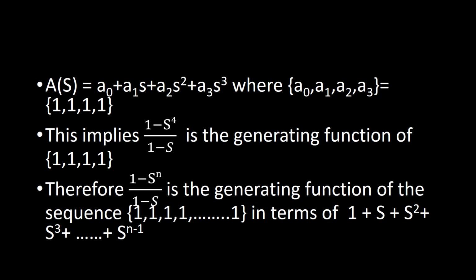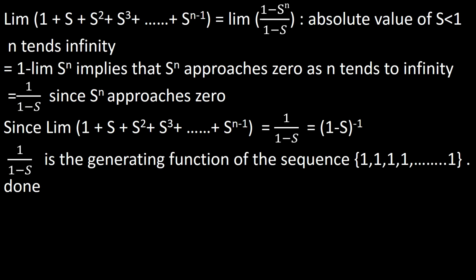We don't stop there. The limit of 1 plus s plus s squared plus s power 3 plus all the way to s power n minus 1 is equal to the limit of 1 minus s power n over 1 minus s, where we take the absolute value of s to be less than 1 as n tends to infinity.